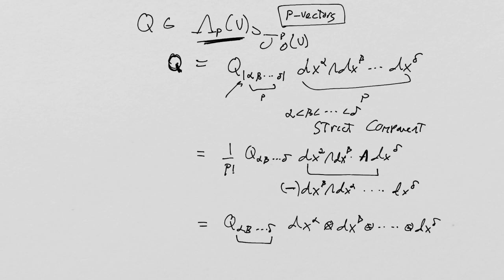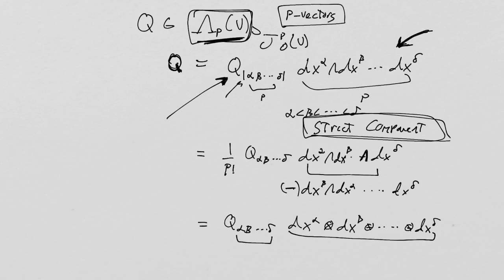Because now you are expressing everything in the basis of the tensor product space, but because it's antisymmetric, you know it lies in a subspace of lower dimension, so this is even less efficient. But the one that nails it, in the sense that there's one component for every independent basis vector, is the strict components.